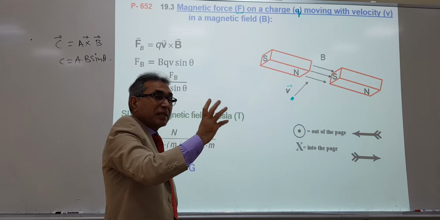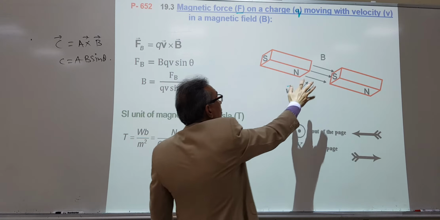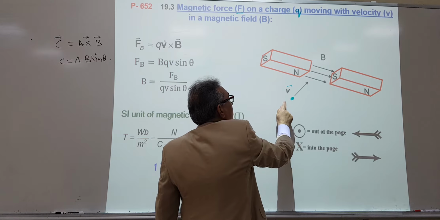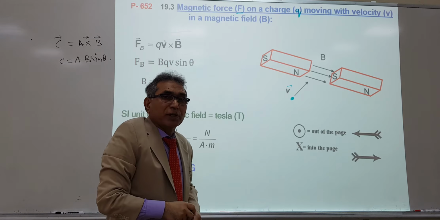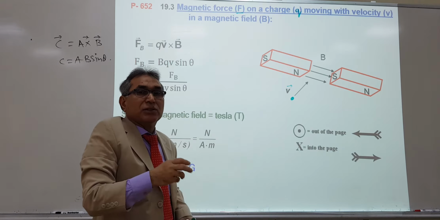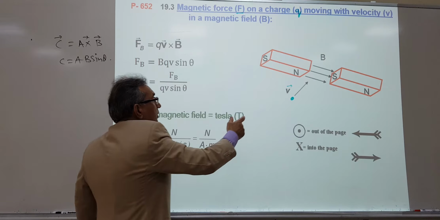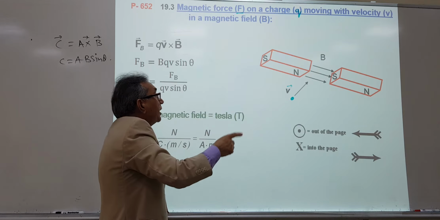So due to interaction of these two magnetic fields, one due to this permanent magnet and the second due to the moving charge, this interaction has an interesting result. What is that result? The result is that this charge will experience a magnetic force.